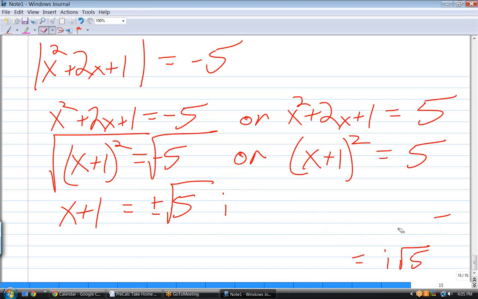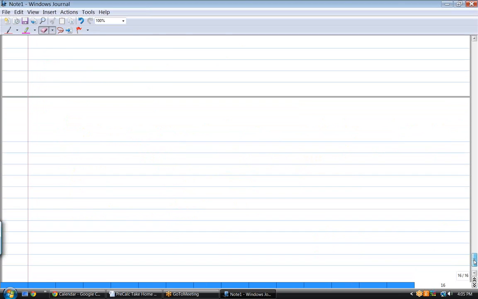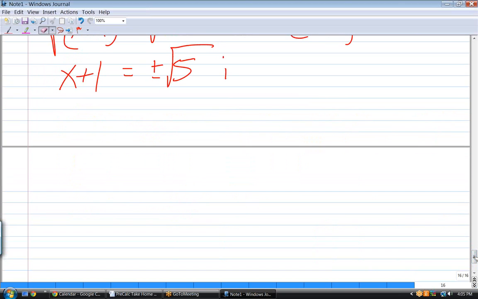Okay, now we're not quite done. We're not quite done on the left side because we haven't isolated x. One last thing do I have to do? Okay, so now my answer is, and I put my real number there in front, and I have plus or minus the square root of 5 i.